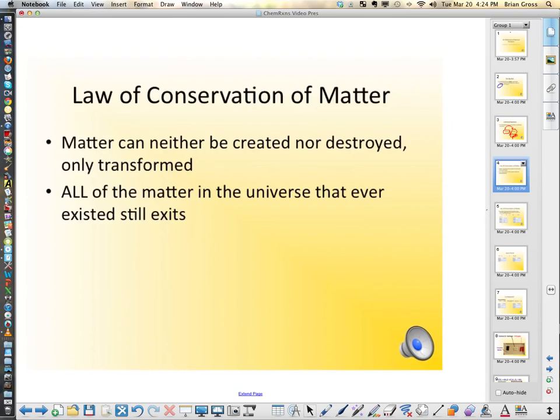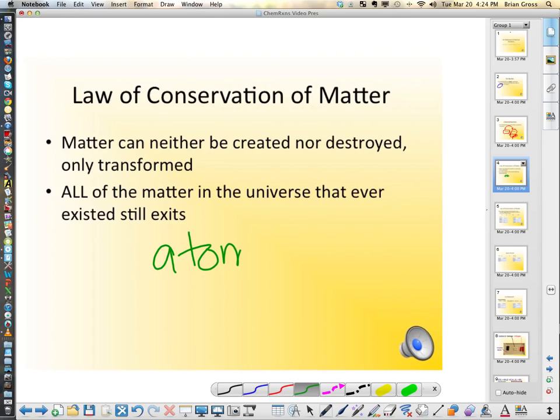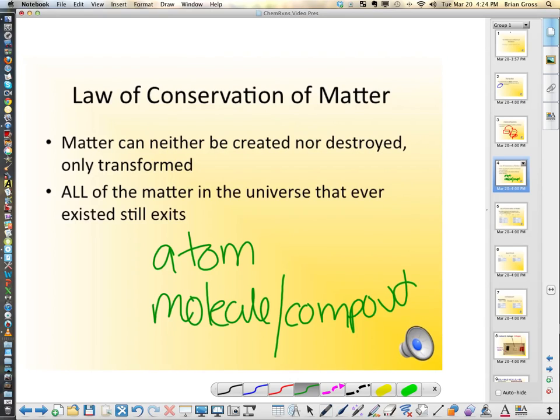of what chemical reactions are. So let's take a second and talk about the conservation of matter. First of all, what is matter? And something that's really important for you to understand is the difference between an atom and a molecule or compound. And this is a somewhat confusing topic, even though some of you learned about it last year.